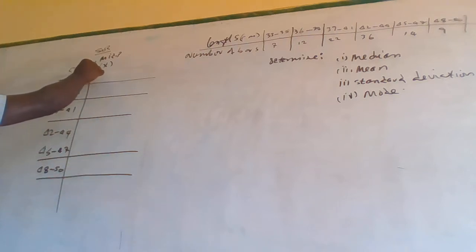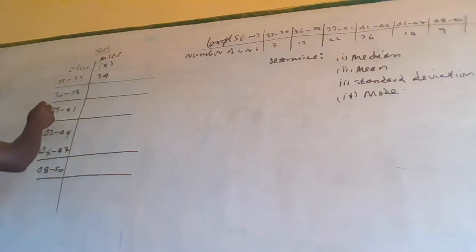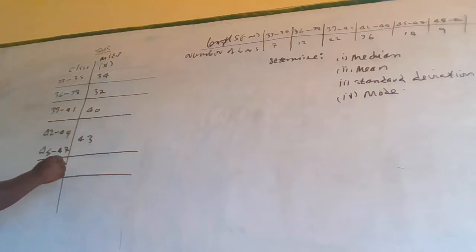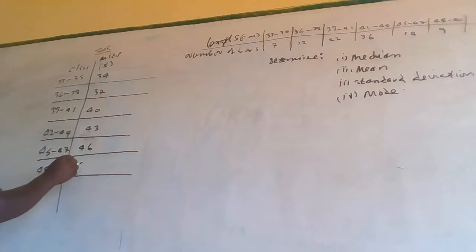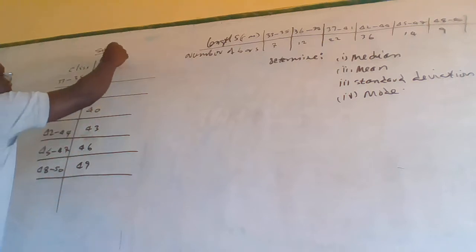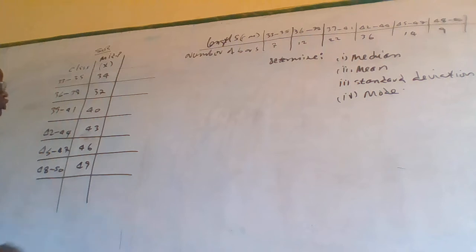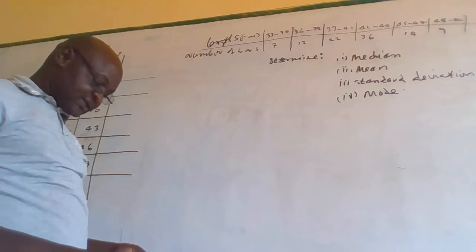So this will be 34, 37, 40, 43, 46, 49. So those are the midpoints of the given classes.